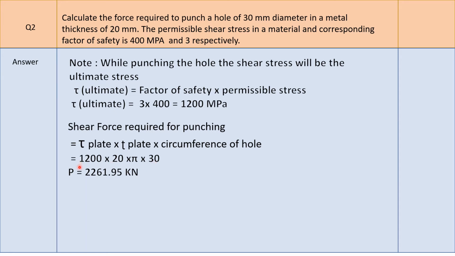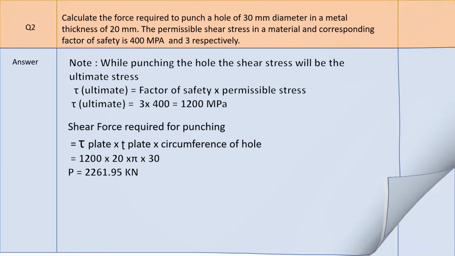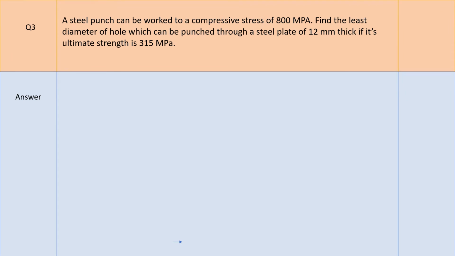Multiply it here, 1200 into 20 into pi into 30, and you will get the answer: 2.26 into 10 raised to 6 Newton or 2261.95 kilo Newton. So this is the force required to punch a hole of 30 mm diameter. So this is the answer P. Let us take the next problem.